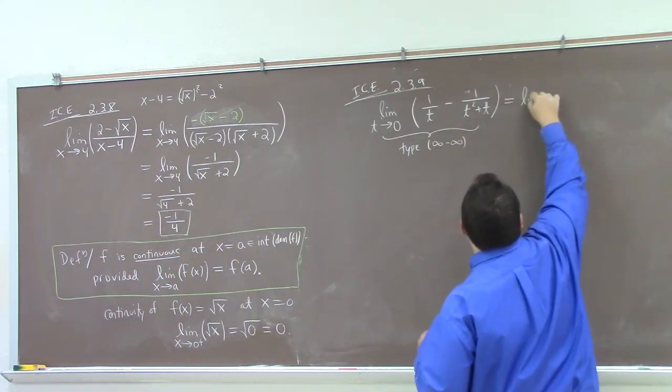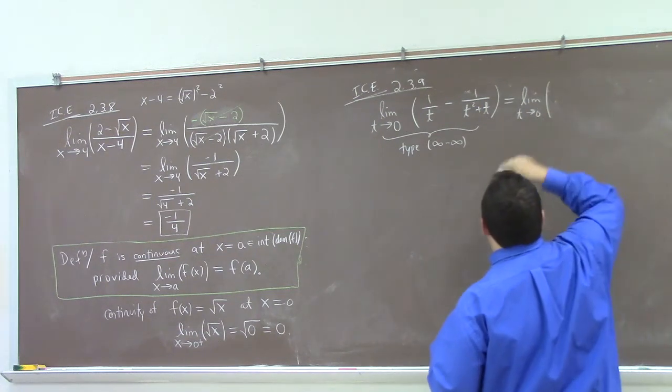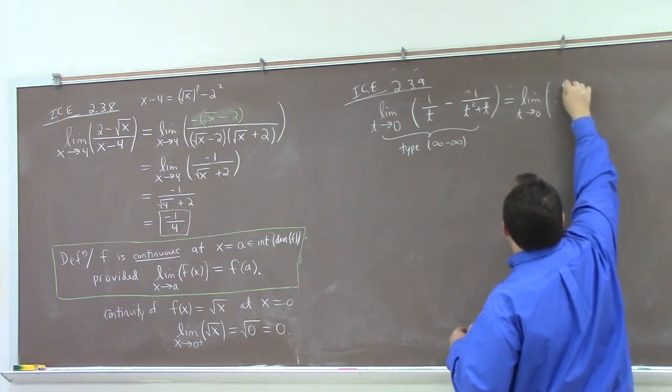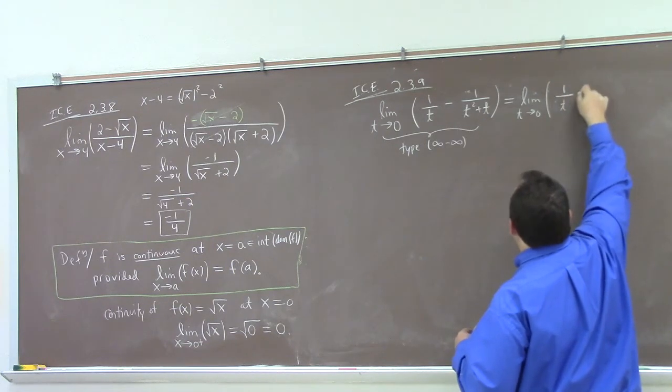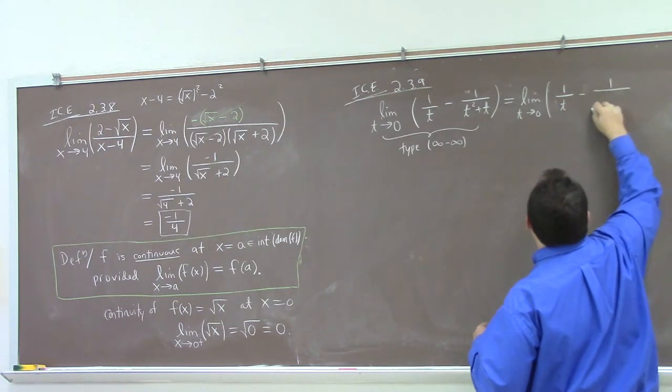So let's see here. I'll do one more step. This is 1 over t minus 1 over t times t plus 1, right?